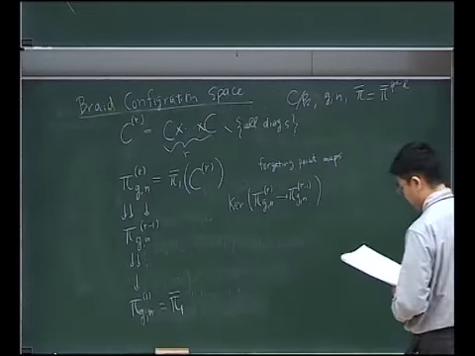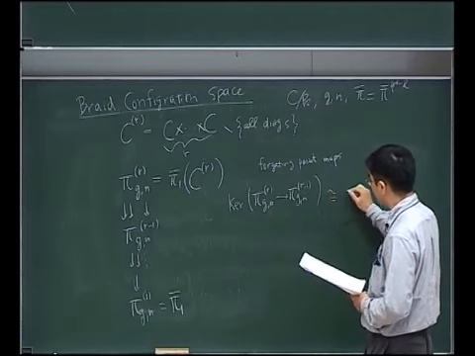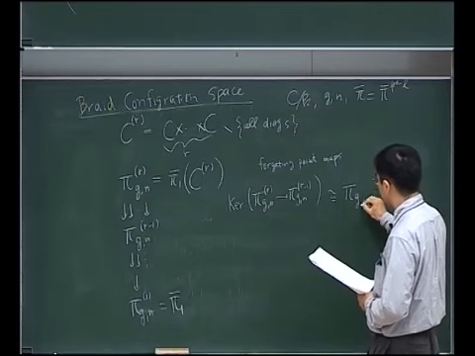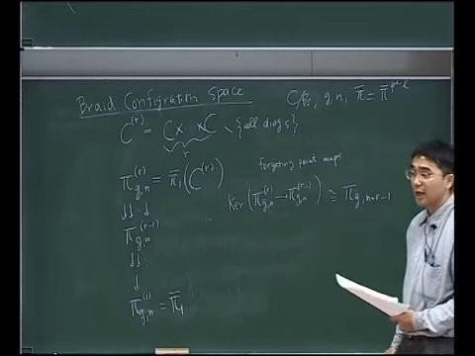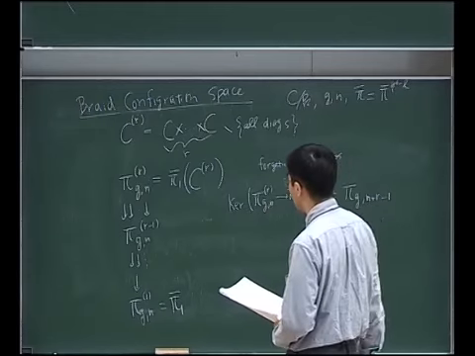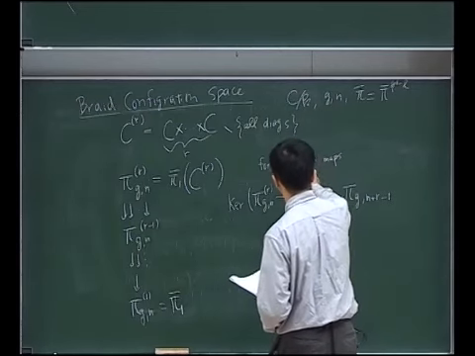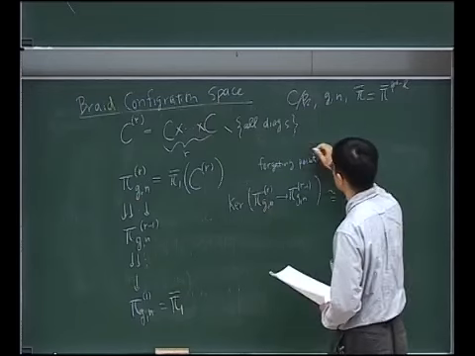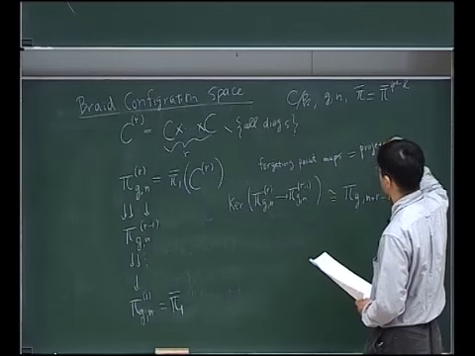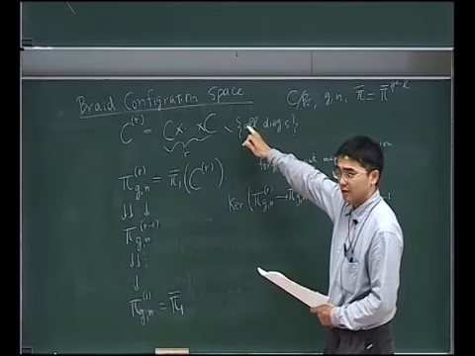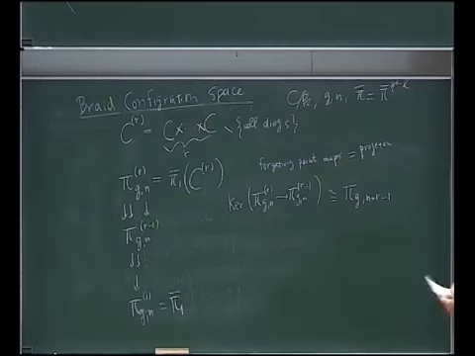the forgetful homomorphism. This is surjective because it gives naturally the fiber space of curves, punctured curves, and this is isomorphic to actually pi g, n plus r minus 1. So these are the R projections. Forgetting point maps is the same as projection.